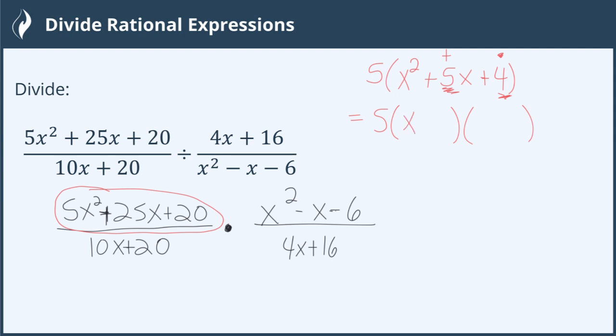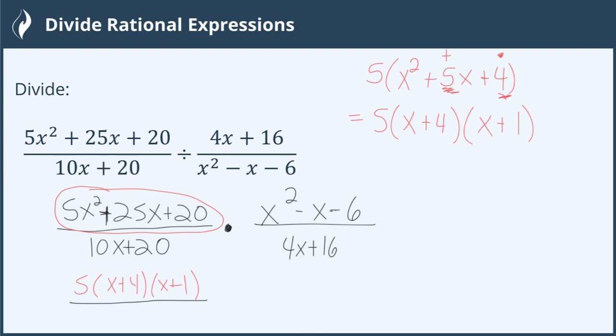Remember, we can use that shortcut strategy because we have a leading coefficient of 1 in front of the x squared. If it was anything but 1 there, then you would need to do the AC method. Okay, so x plus 4 times x plus 1, and then we have the 5. So we have 5 times x plus 4 times x plus 1 on the top of that fraction.